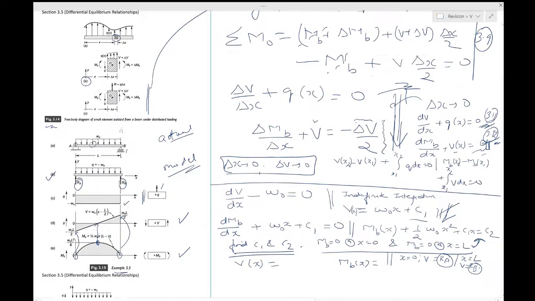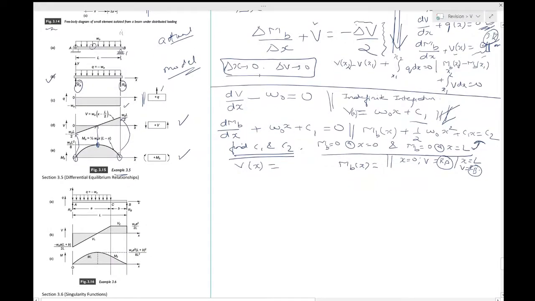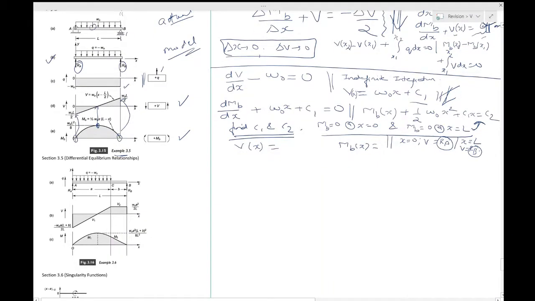Let's move to this next part. It's not very different. You have this beam which is of total length L. The difference from the last problem is that now this uniform loading is only until a certain point, x equal to a.